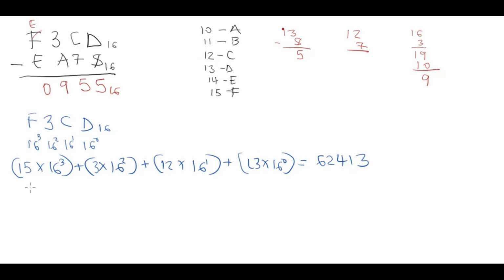Okay, let's go to EA78 base 16. So this is base 10 because this is a decimal number. This is a hexadecimal, base 16. So 16 power 0, 16 power 1, 16 power 2, 16 power 3.